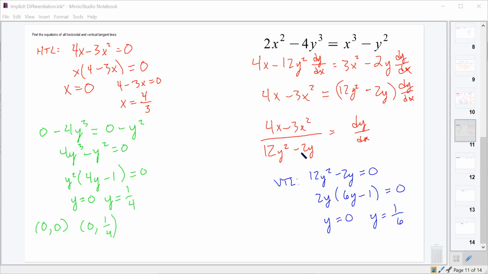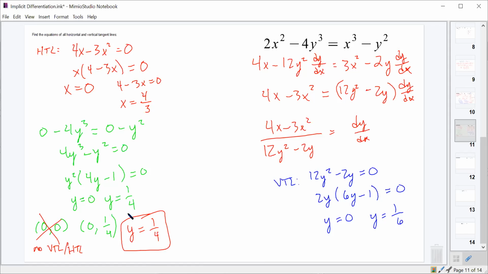If I plug in 0 for x and 0 for y, I end up with 0 over 0 in my derivative. So this is going to be no vertical tangent line or horizontal tangent line for 0, 0. But the point 0, 1/4 ought to have a horizontal tangent line. Okay? So that one is y equals 1/4.